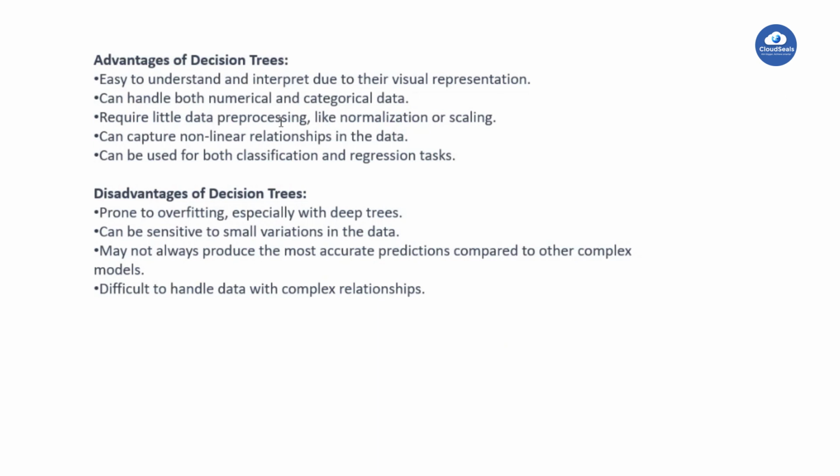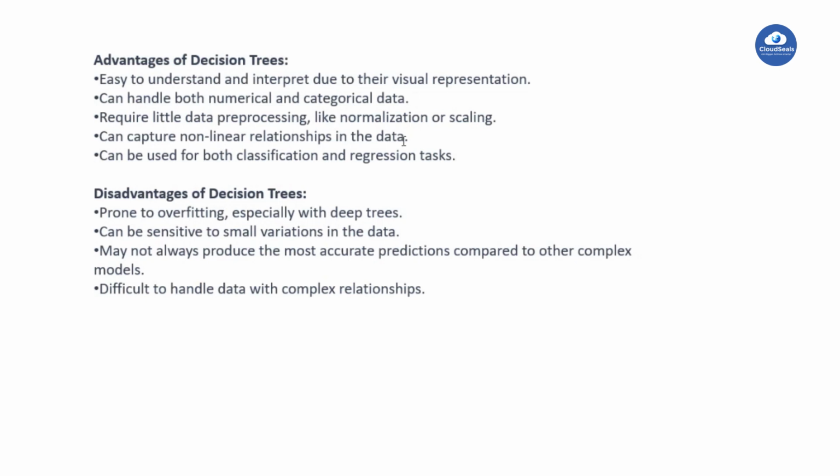It requires little data pre-processing like normalization or scaling. This is for every model; it is better to do normalization and scaling before building a model. The main advantage is that it can capture non-linear relationships in the data. Linear regression is only able to build a model for linear data.